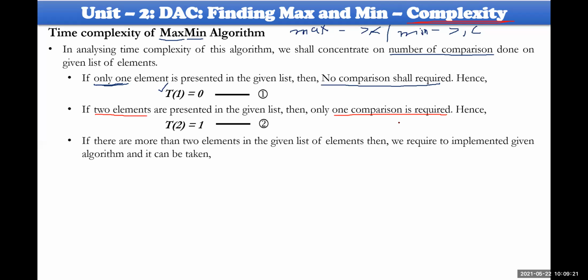Then go ahead with the case where more than two elements are there in our list. Then we have to take the divide and conquer algorithm, which we have defined just before, and apply it. How could this be done? Look at this.